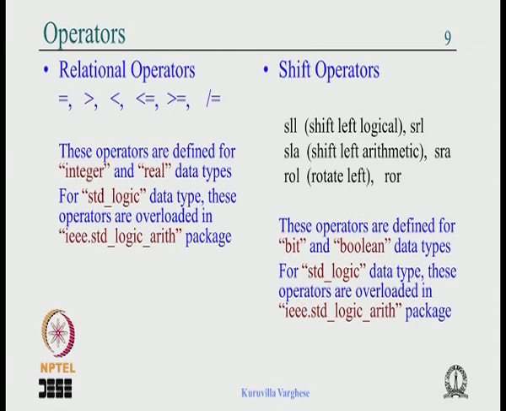So for negative numbers it will be 1, and suppose you have an 8-bit number with the sign bit as 1, when you convert this into 16-bit, then all the bits from the 9th to the 16th, bit 8 to bit 15, have to be 1. So when you do a shift arithmetic, this sign extension will be automatically taken care of. That is the meaning of shift left arithmetic and shift right arithmetic.